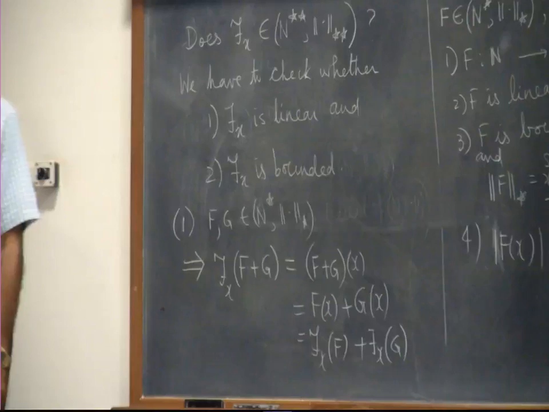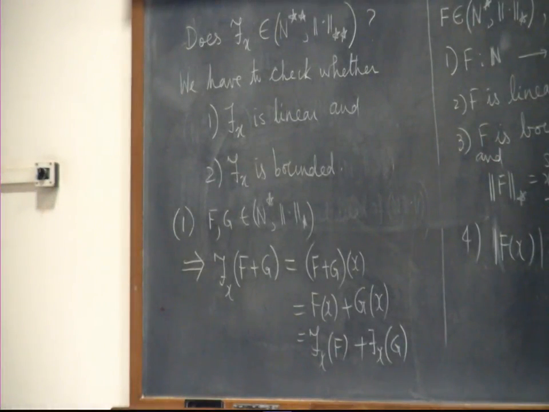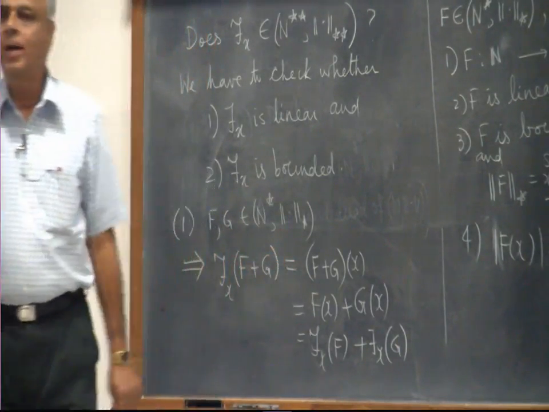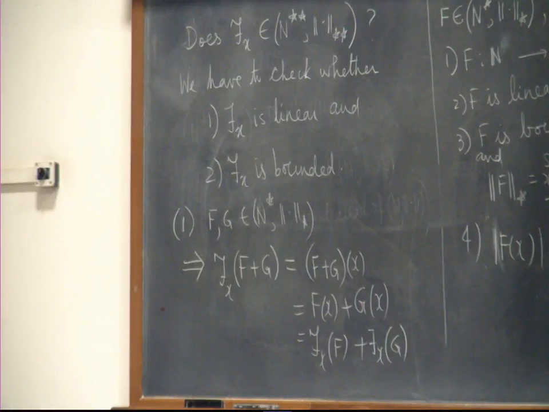So F_x of f plus g is F_x of f plus F_x of g. See, verifying that this is linear is translated into the language of what is meant by addition in the linear functionals.